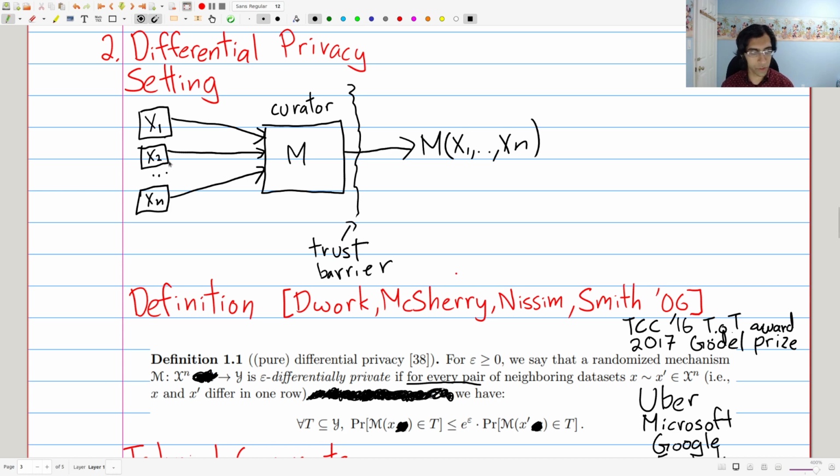So there's two notions of privacy: one refers to when we just swap an individual's data, and the other refers to when we add or remove a single individual's data. The former, where we change one individual's point, is sometimes called bounded differential privacy, and the other case where you add or remove a point is called unbounded differential privacy.